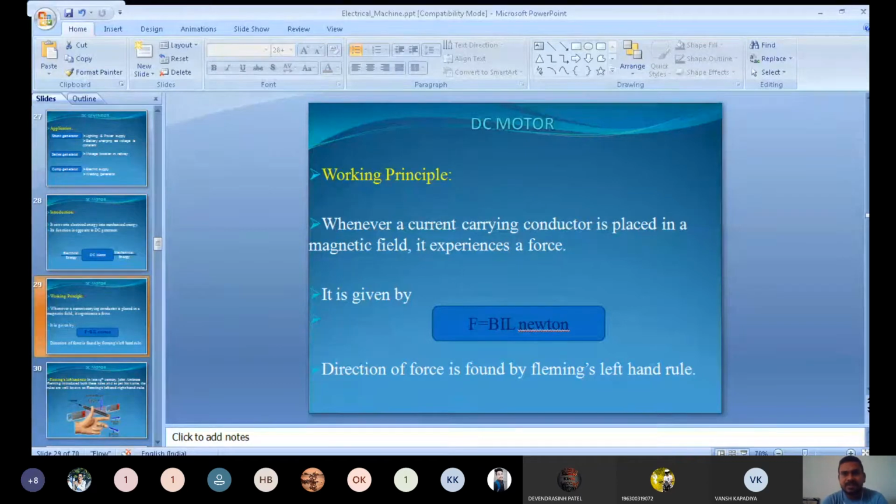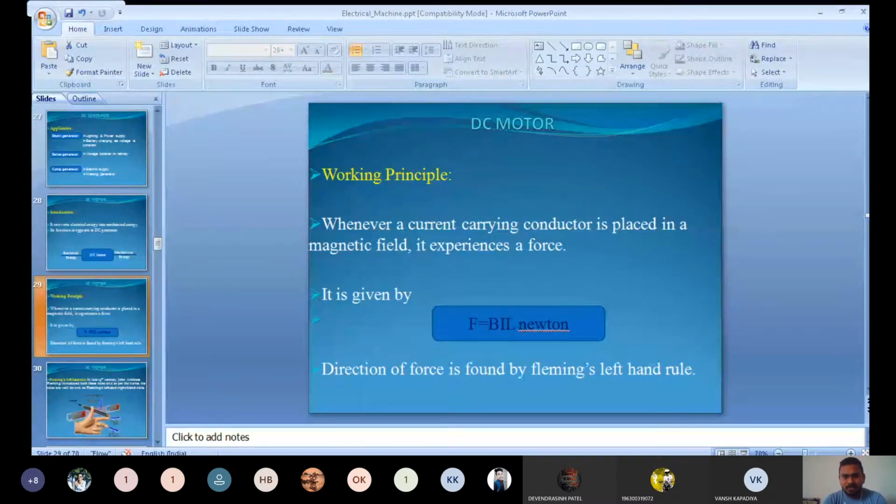On this principle the DC motor operates. Whatever force is experienced by a conductor is given by the formula F is equal to BIL Newton, where L is the length of the conductor, I is the current flowing through the conductor, and B is the magnetic flux density.